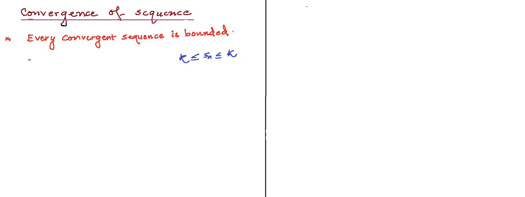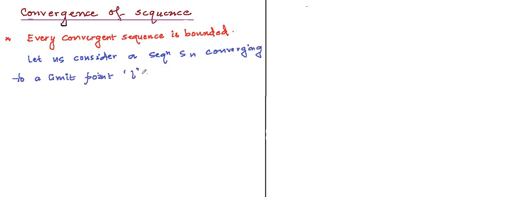Now, let us consider a sequence Sn converging to a limit point L. If you recall the definition of a convergent sequence, we always have an epsilon greater than 0.